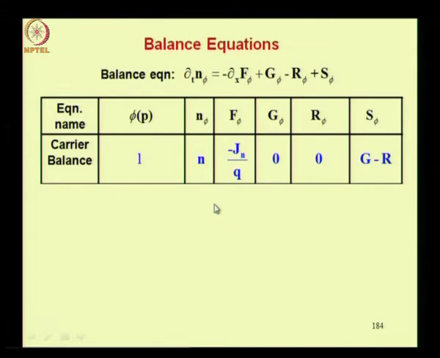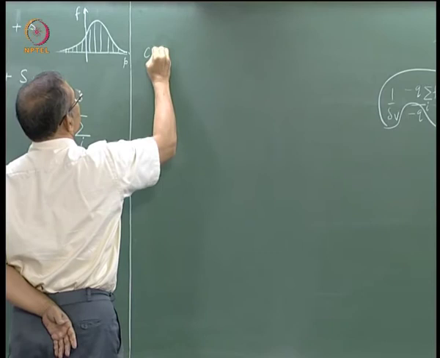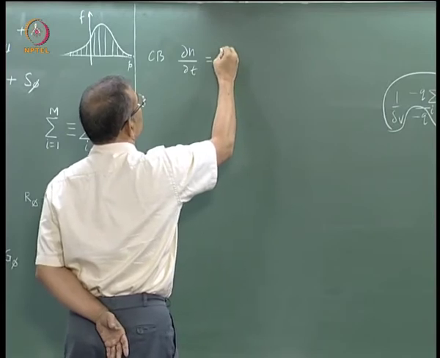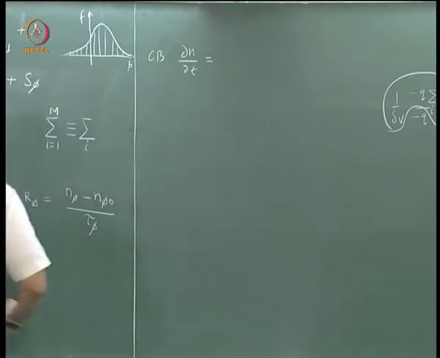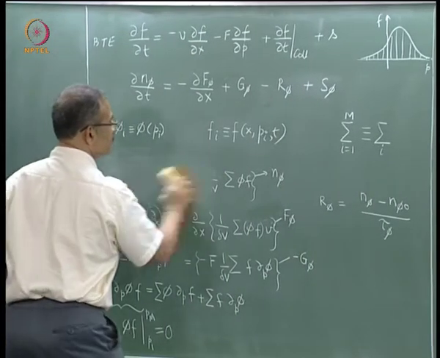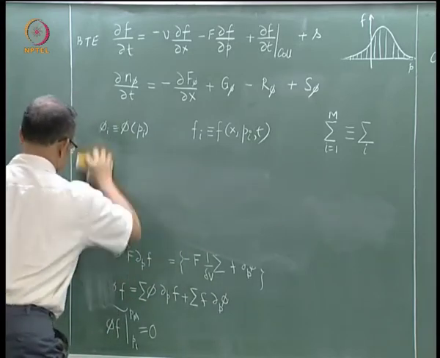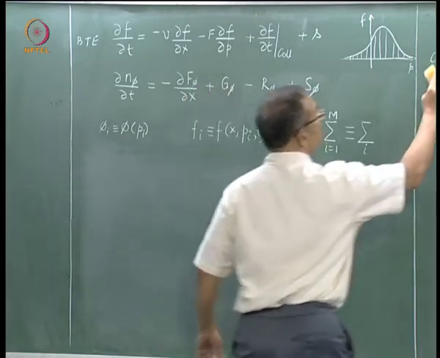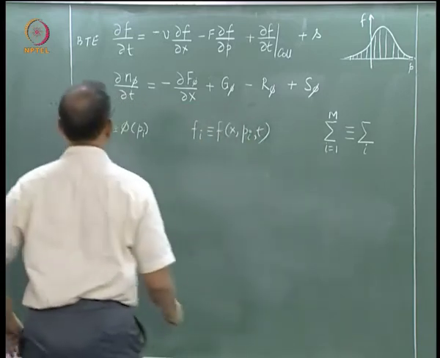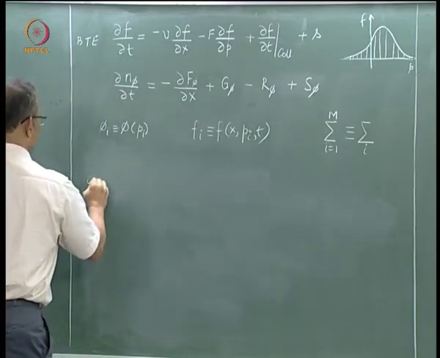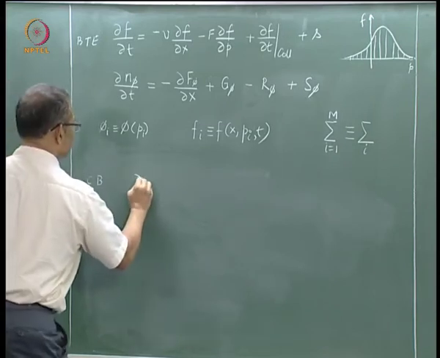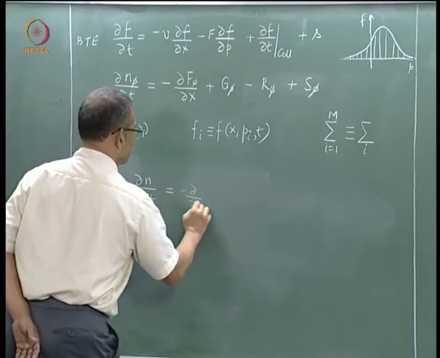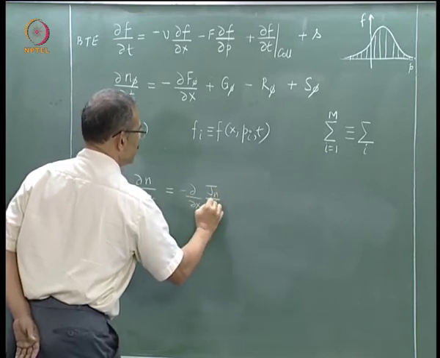So let me write that down. So the carrier balance equation, let us call it as CB, is dou n by dou t equal to minus dou by dou x into Jn by minus q.